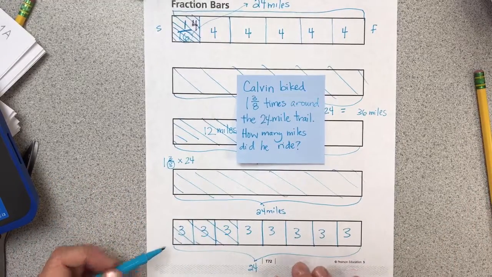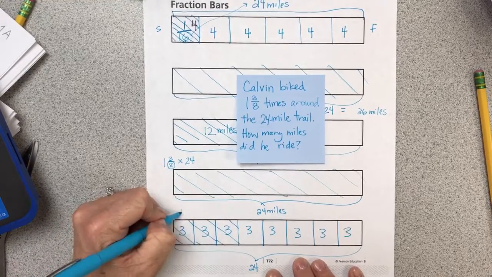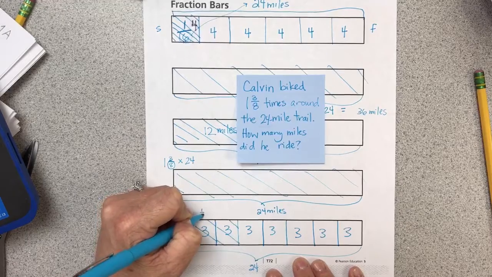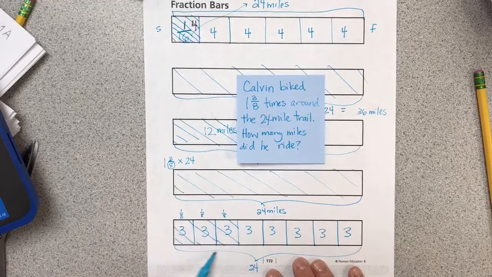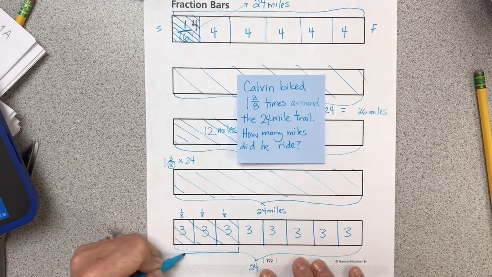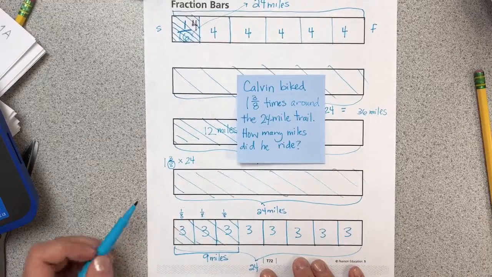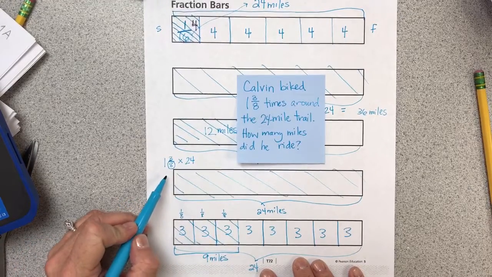And then Calvin, he bikes 3/8. This is 1/8, another 1/8, and another 1/8. So all together, 3, 6, 9, that is 9 miles out of the 24. And that is equivalent to 3/8.